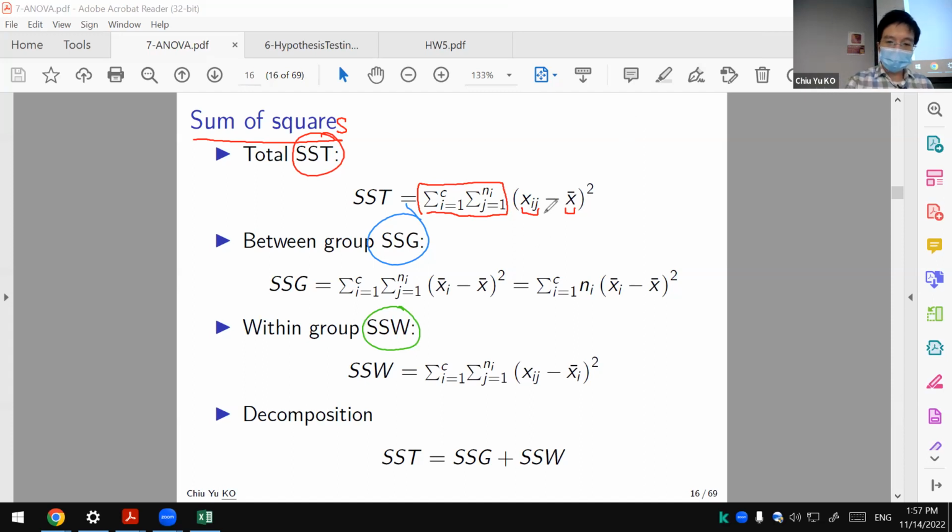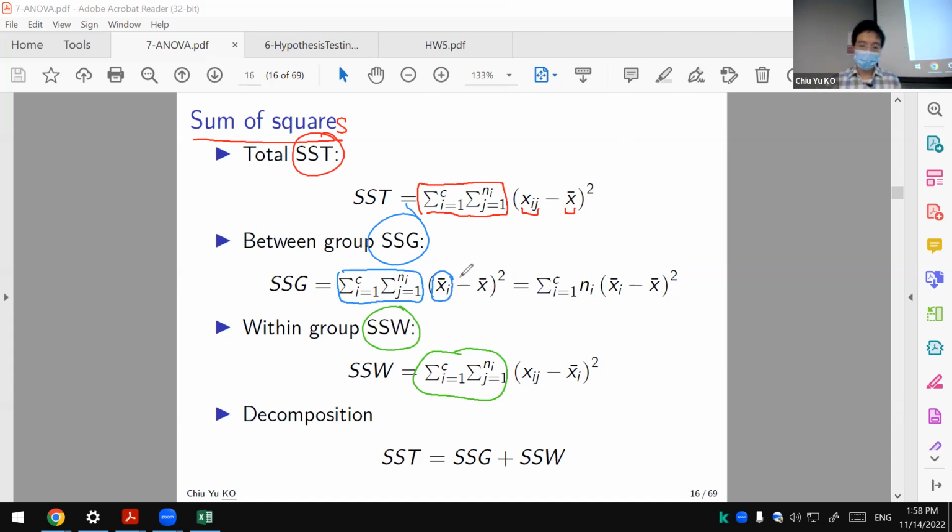The second one, you will see the difference is, again, you are just adding all observations, right? So actually the three of them go over all the observations. The difference is now we are not going to take the difference between each observation and the grand mean, but look at the groups.